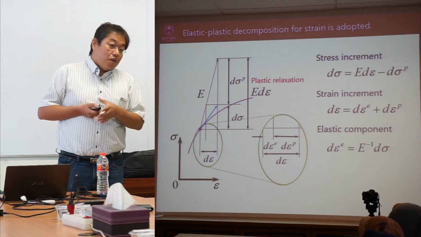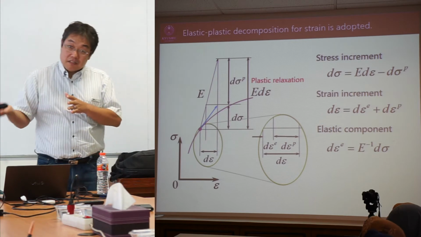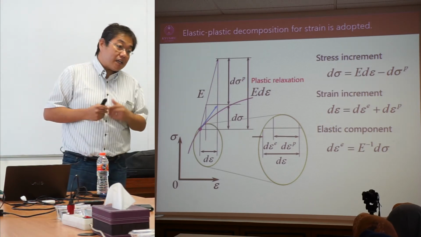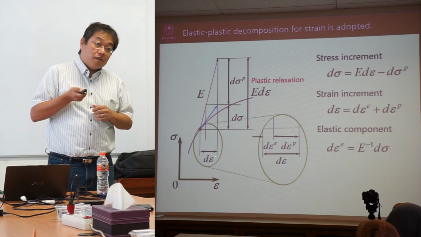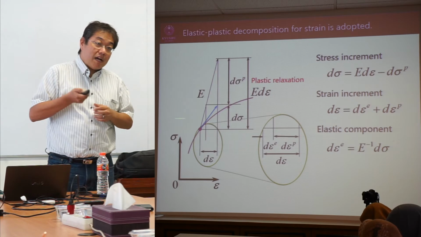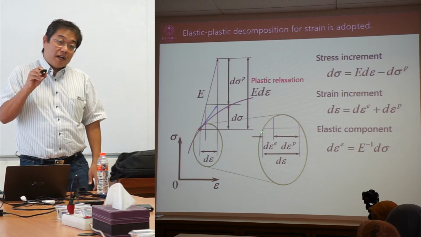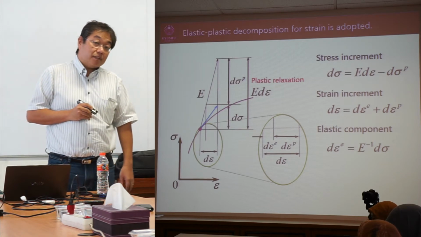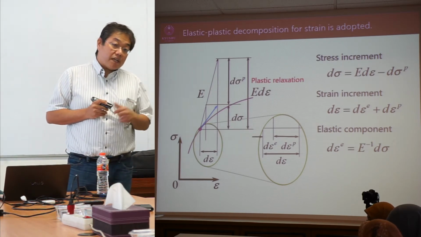So I want to decompose plastic deformation and elastic deformation in the elastoplastic state. It means that the deformation is an elastic part and a plastic part. d epsilon is divided into elastic and plastic. So this is the first assumption and concept in the elastoplastic theory.